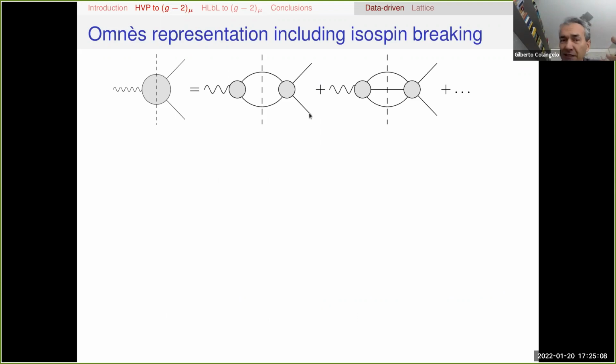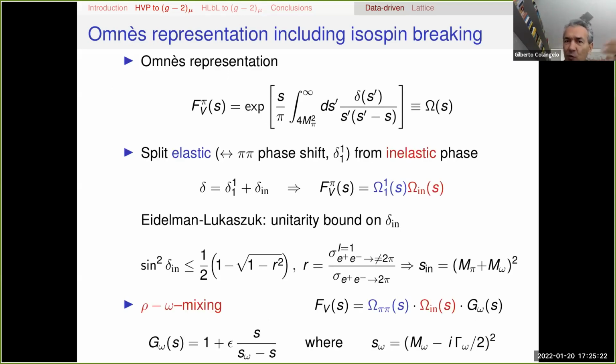And you can write the dispersion relation also in this case, so you can express this total hadronic quantity, this form factor, in terms of its imaginary part. And in this case, Omnes has shown that you can end up with a mathematically exact formula, which tells you that if you know the phase of the form factor, you can reconstruct the whole form factor, assuming that you have no zeros in this form factor, which is what I will do.